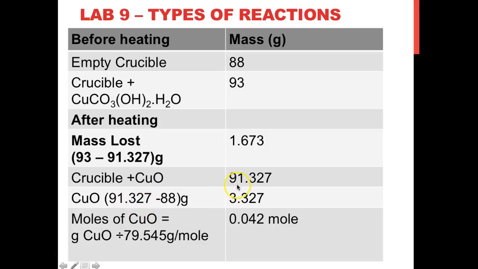Now, if you take the crucible and the copper 2 oxide and you subtract out the empty crucible mass, you get the mass of the copper 2 oxide, which is 3.327.